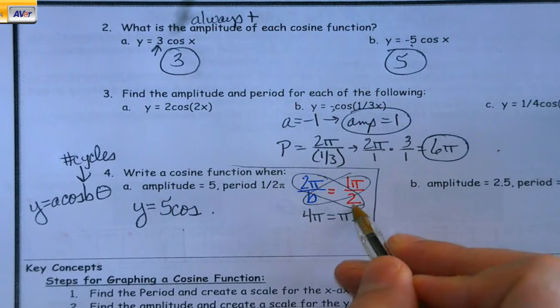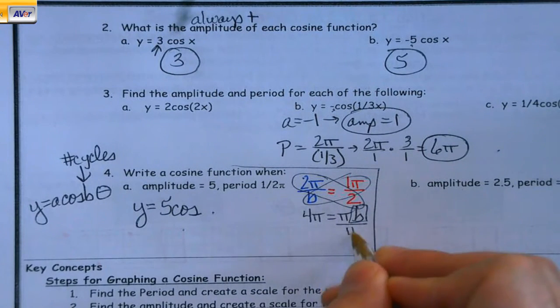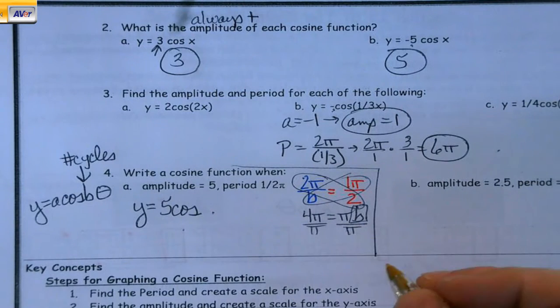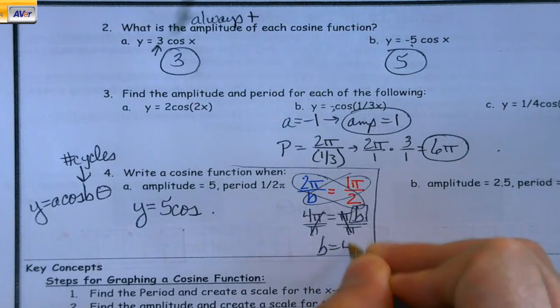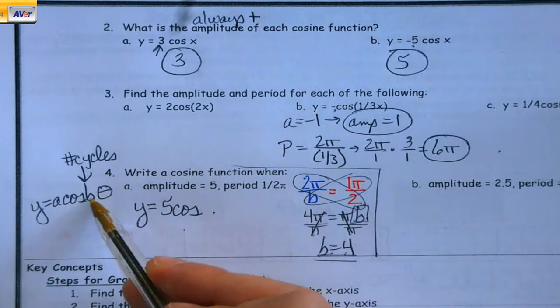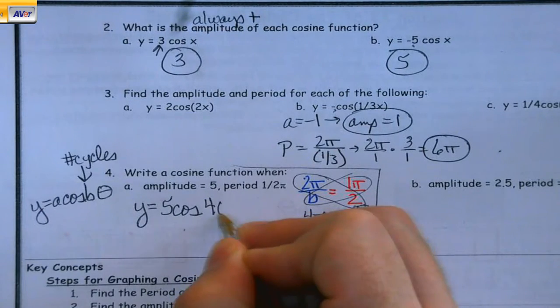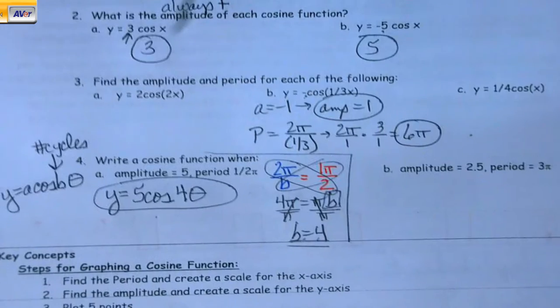And since I'm trying to solve for b, whatever's with b is what I'm going to divide by. And my b value is what I'm going to plug in to create my equation, to create my cosine function.